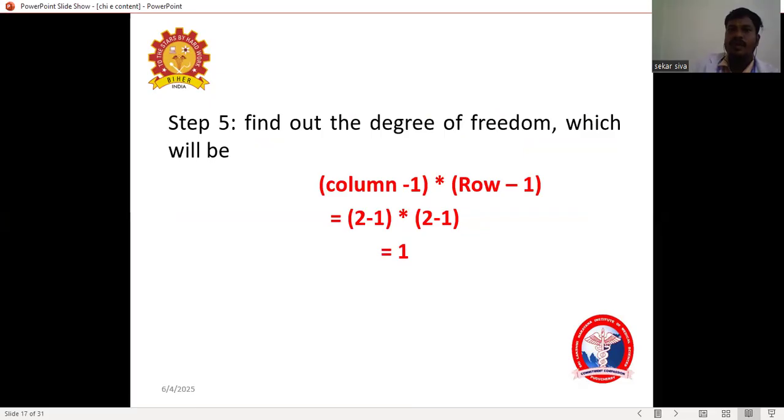Okay. Find out the degree of freedom. So already we know the degree of freedom formula, that is the column minus 1 into row minus 1. Here we have 2 rows and 2 columns. 2 minus 1 into 2 minus 1, which is 1.